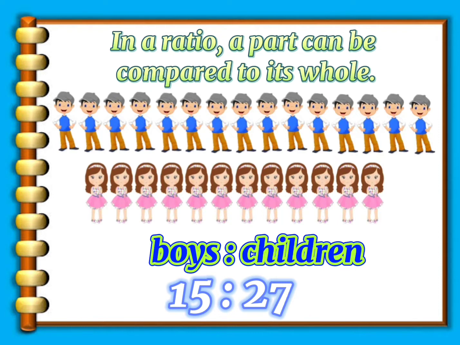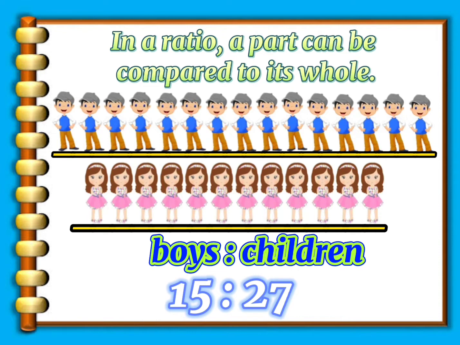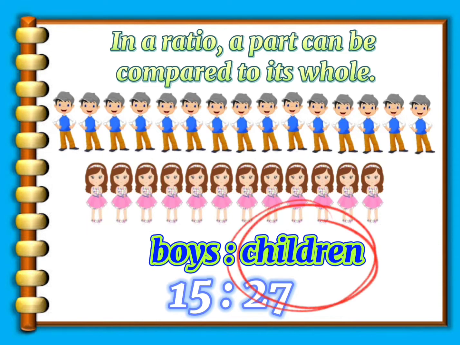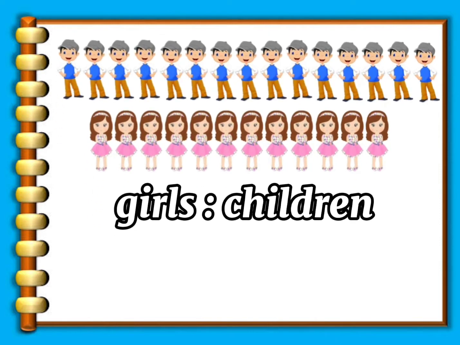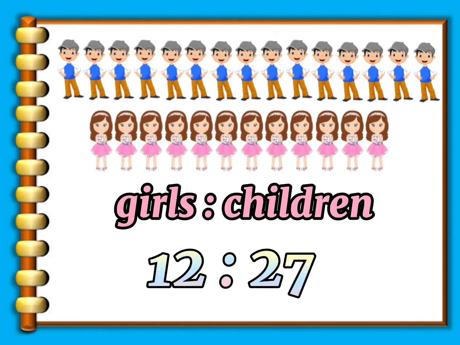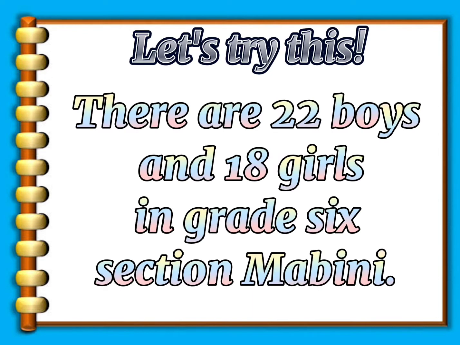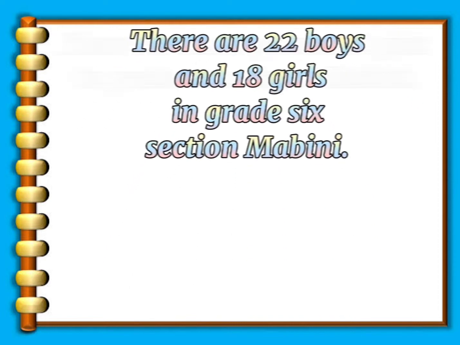Ito ay ang pinagsamang bilang ng boys, 15, at girls, 12, equals to the total number of children, which is 27. How about the ratio of the number of girls to the total number of the children? The answer is 12:27.